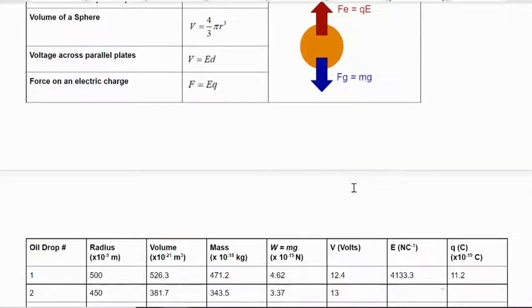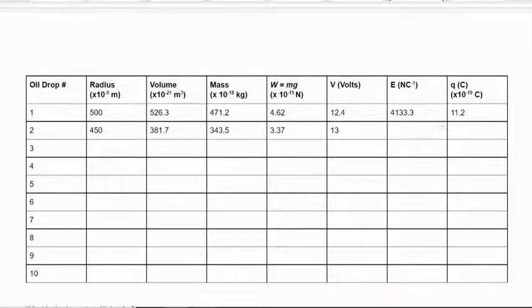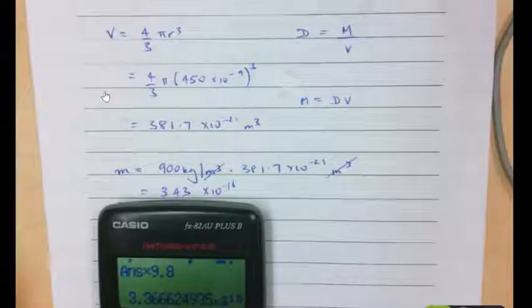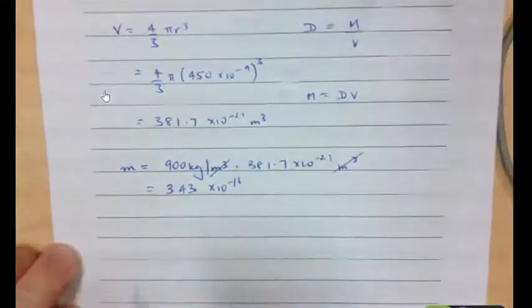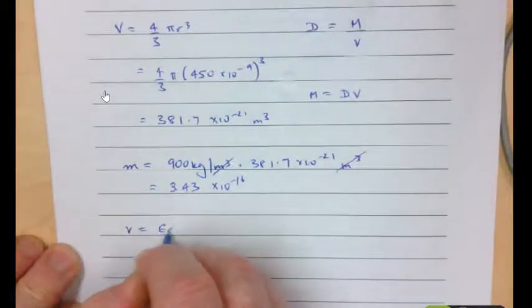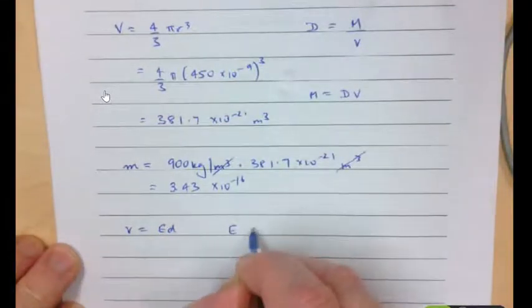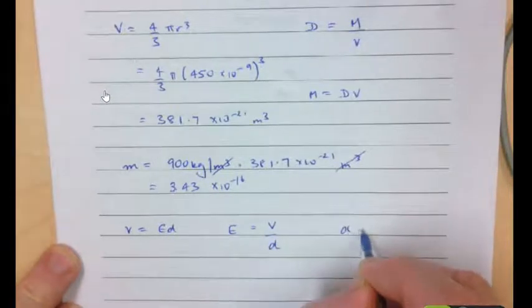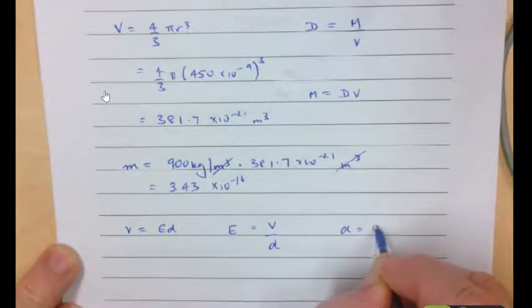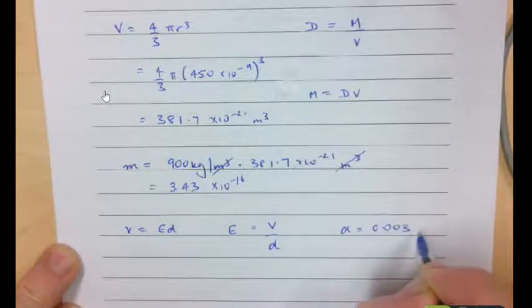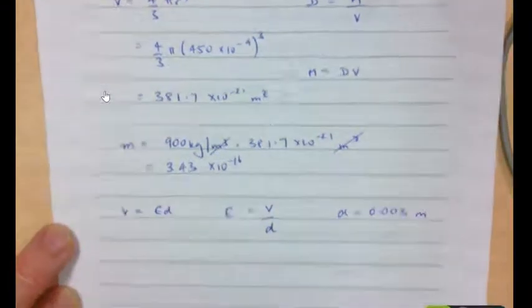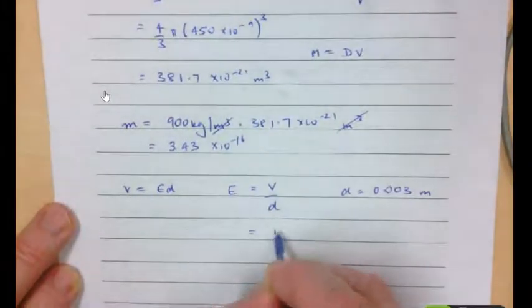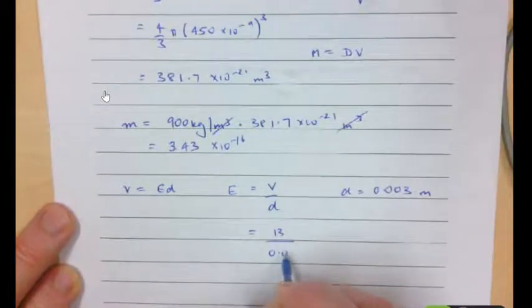Let's just work that one out. Now we know that voltage is equal to ED. We want to find E. So E is V on D. And the distance between the two plates is 0.003 meters. That's 3 millimeters. So E would equal 13 volts divided by 0.003.